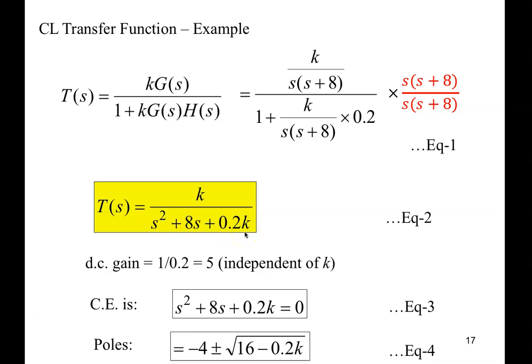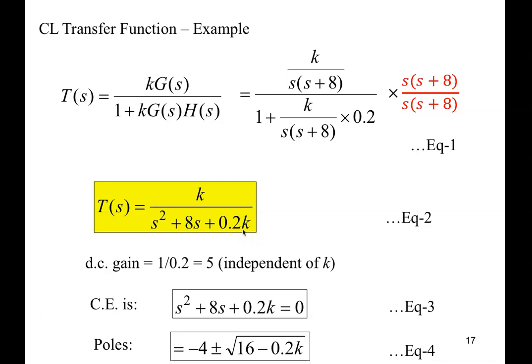Now if we look at the DC gain from there, remember, to find the DC gain of any transfer function, you set s to 0. So with s equal to 0, that's k over 0.2k. K divided by 0.2k is 5.